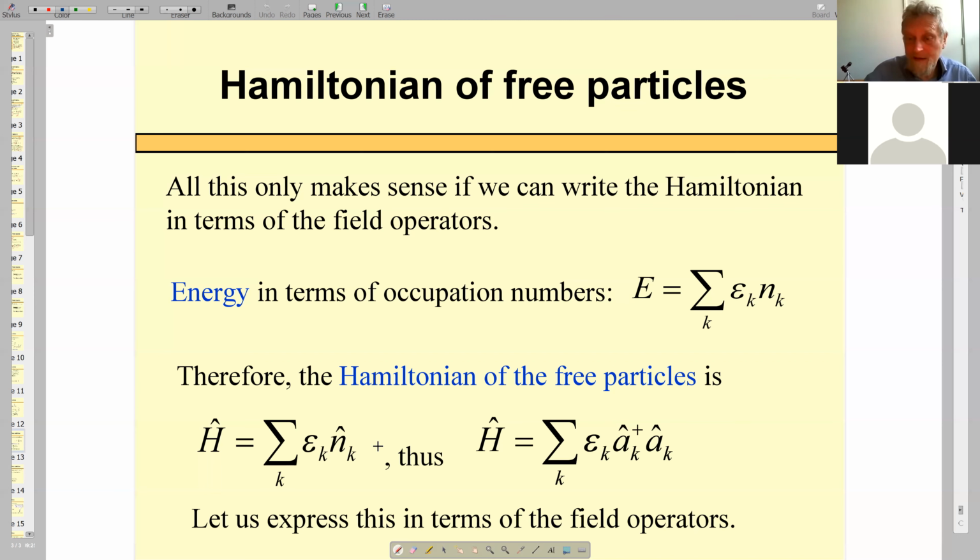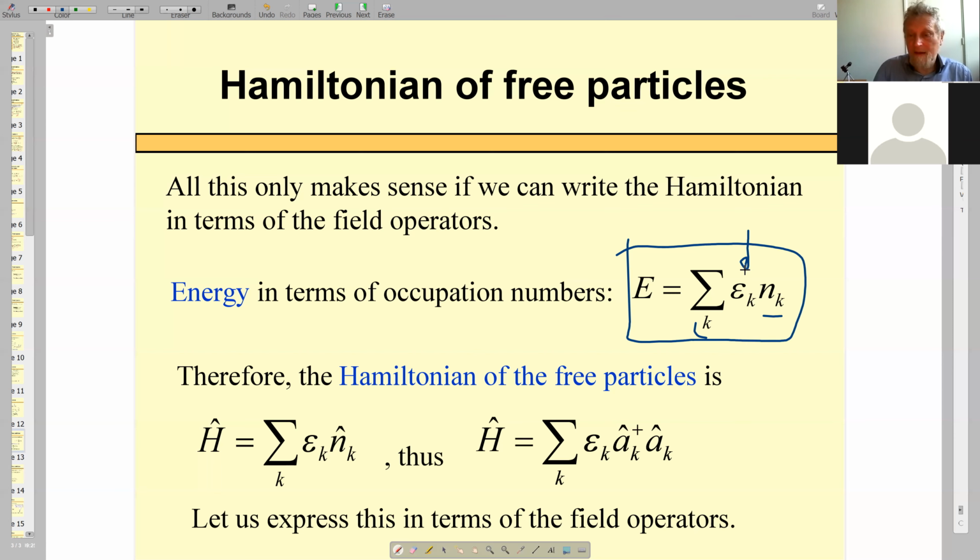And energy in terms of occupation numbers, as we talked about, is just the sum of individual particle energies. So for each level k, we take as many particles as there are and multiply by the corresponding energy of this level.